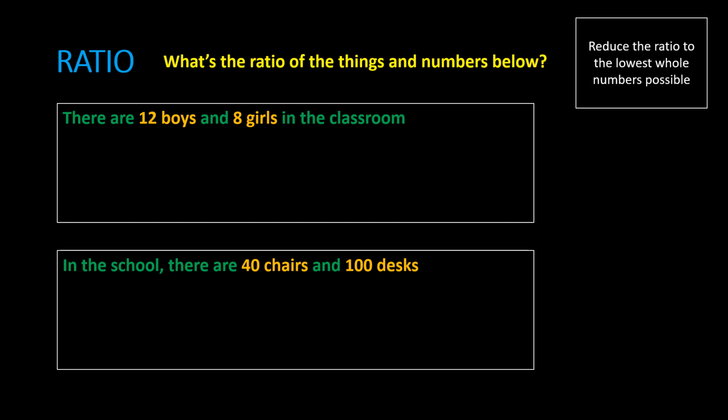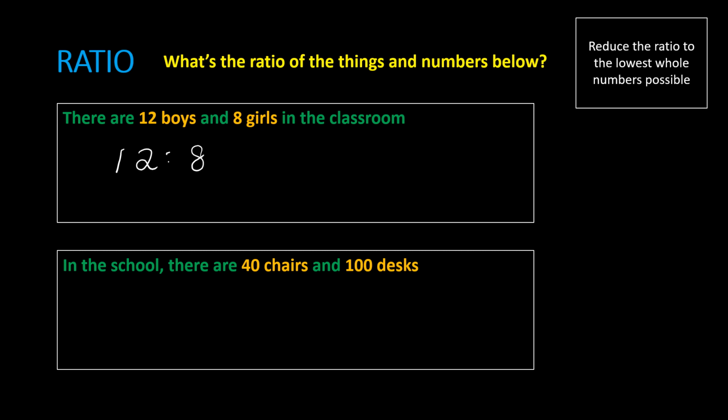Let's try some examples. There are 12 boys and 8 girls in the classroom. So we write it 12, 2 dots, and an 8. Now we know the numbers in this ratio can be reduced. We know that they both can be divided by 2.